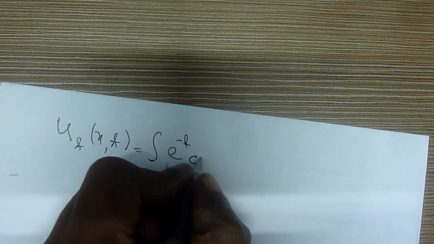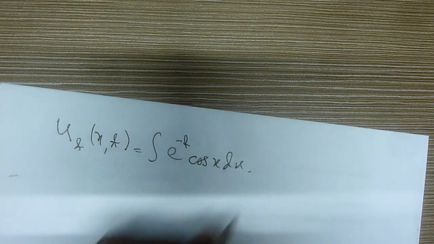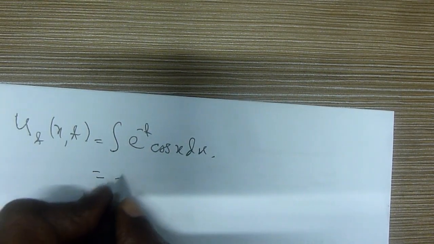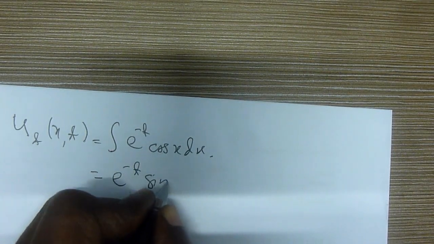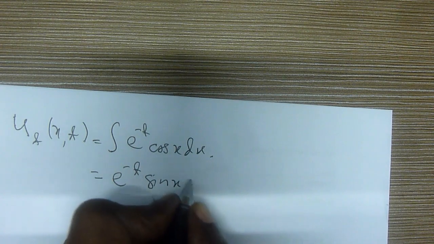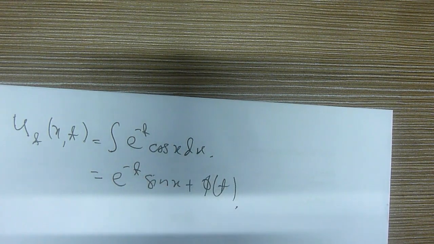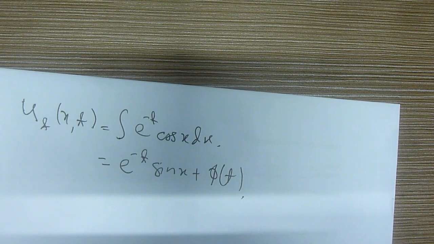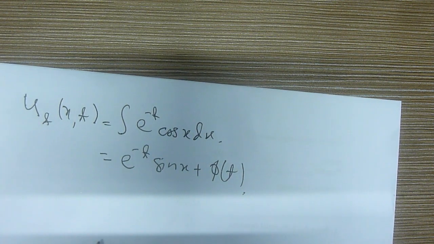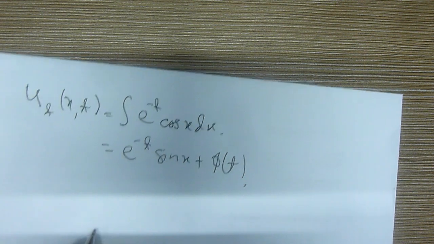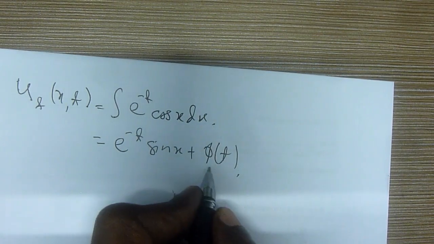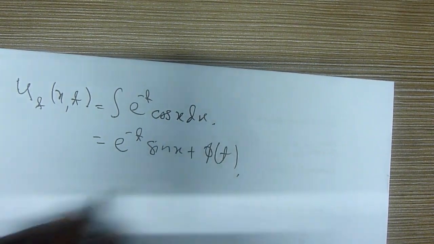Let me start with the integral of e^(-t) cos x dx, where I'll get e^(-t) sin x plus a function of t. Remember, t is a constant, so this is a constant term.